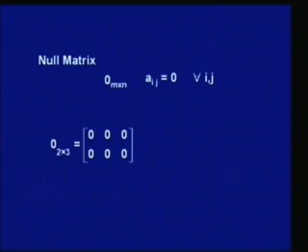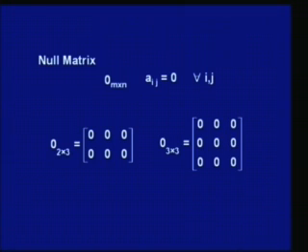Typically, 0 2 by 3, the null matrix of order 2 by 3, is this matrix. It has 2 rows and 3 columns, while 0 3 by 3 is a third order square matrix with all its entries as 0.